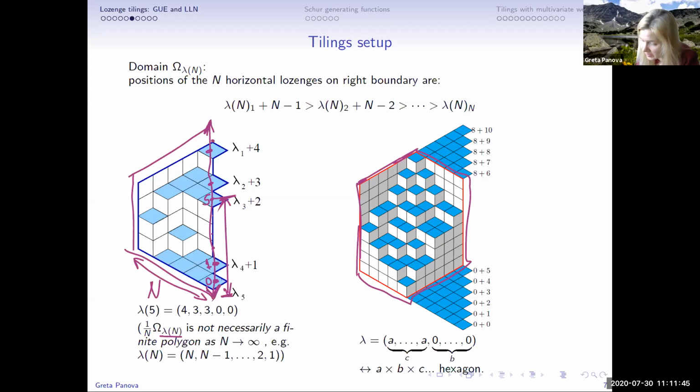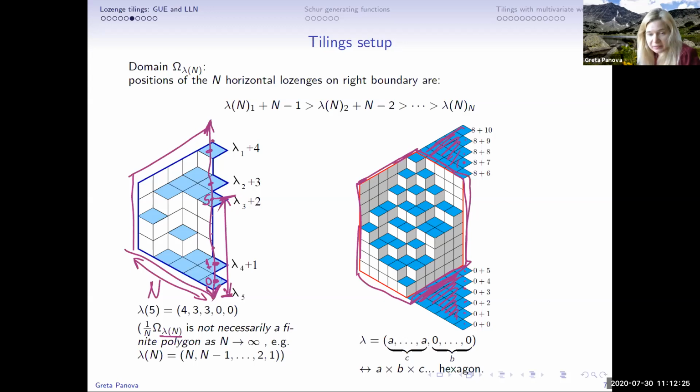Well, if we take the horizontal lozenges at the bottom to be one after the other right here, they are basically forcing the entire region over here to be flat. And if we make them one after the other on top, they're also going to force the entire region to be flat, and they're going to cut out exactly this type of boundary. So we are able to use this parameterization and parameterize any finite polygonal domain as well. So this is just an example.